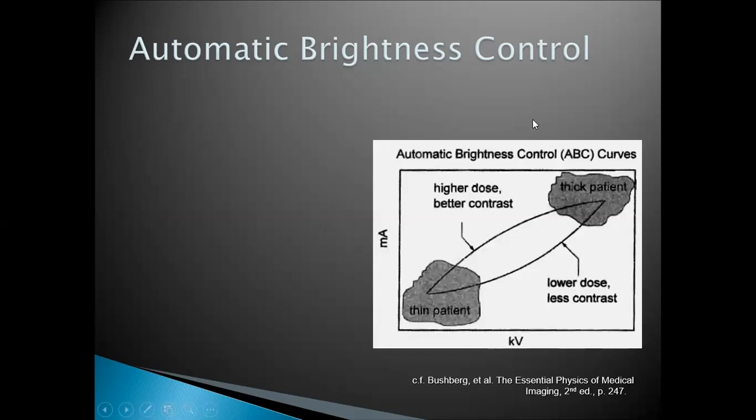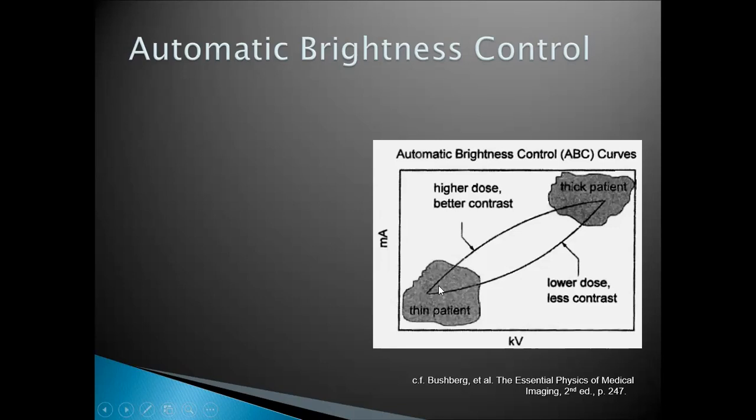We have the upper curve, the higher dose one. Here we have two curves. For a thin patient, if you increase the mA, the rate of increase of the mA is greater than the rate of increase of the kV.